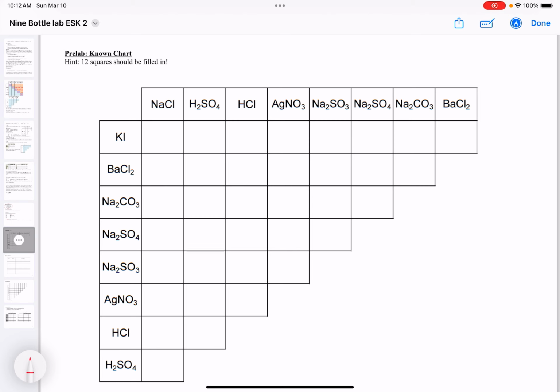So the first combination we're going to try is the potassium iodide and the sodium chloride. We're going to see, does this form a product? If I mix together a solution of potassium iodide and sodium chloride, these are all double displacement reactions. So I would have the potassium with the chloride, KCl, as one possible product, and I'd have the iodide and the sodium, NaI, as the other possible product.